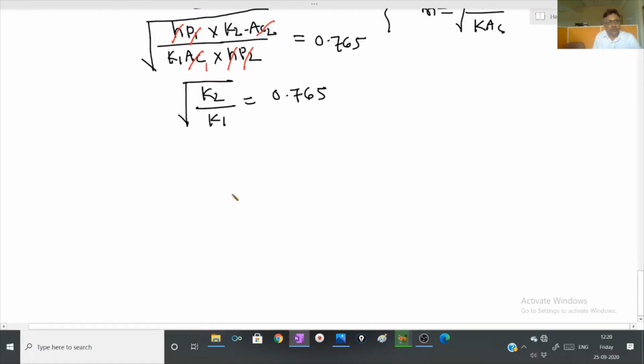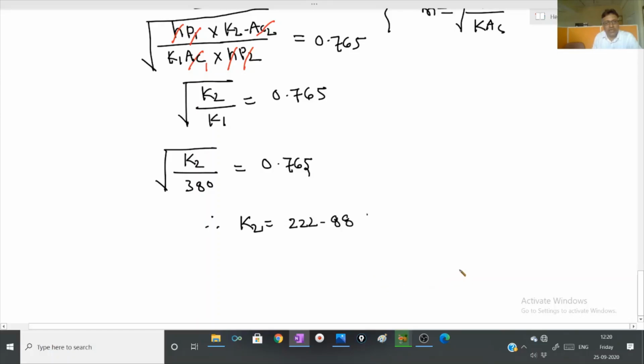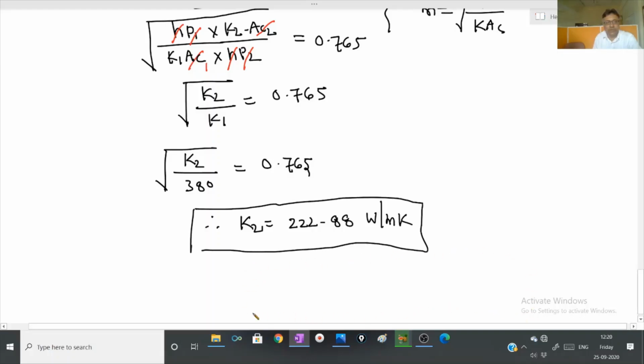So this will become k2/380 = 0.765 (under the square root). After solving this, I will get the value of k2, that is, the thermal conductivity of the second rod, as 222.88 watt per meter Kelvin. So this is the answer to the given problem, and this way you can solve this numerical.